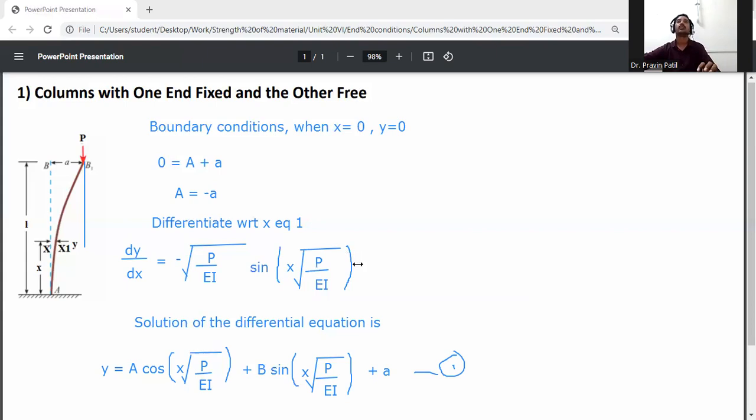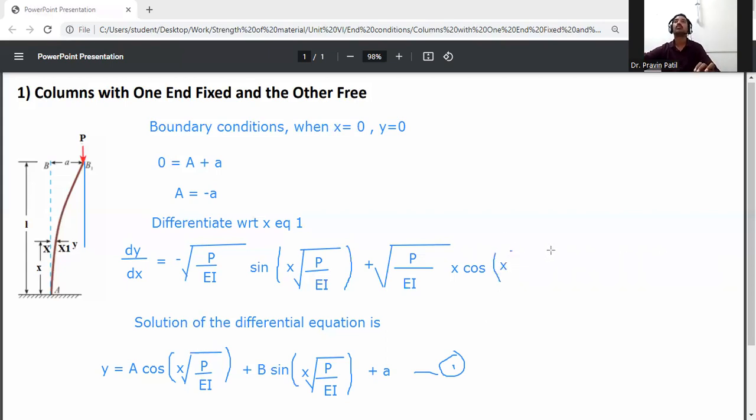Then plus, again write down root p by a, EI. The derivative of sine will be cos, cos in bracket x root of p by a.